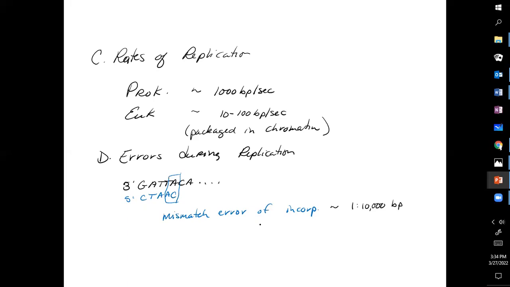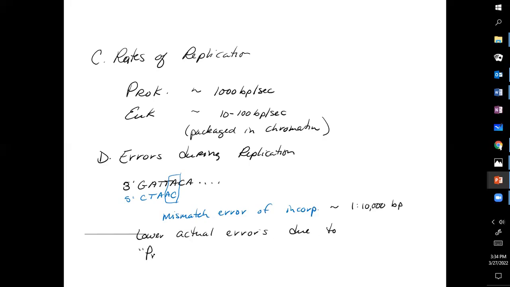Now, if you think about that, our DNA would be riddled with mistakes if we had one mismatch per 10,000 base pairs. So actually, DNA polymerase has a mechanism to correct that, which reduces this error rate dramatically. So there's a lower actual or realized error rate, and that's due to a specialized function of polymerase.